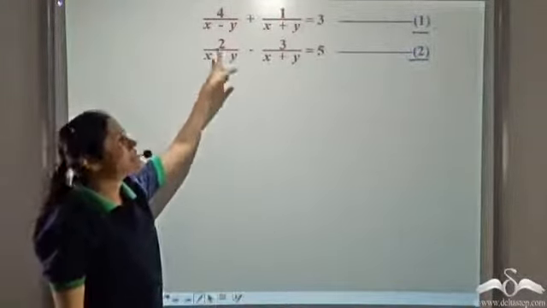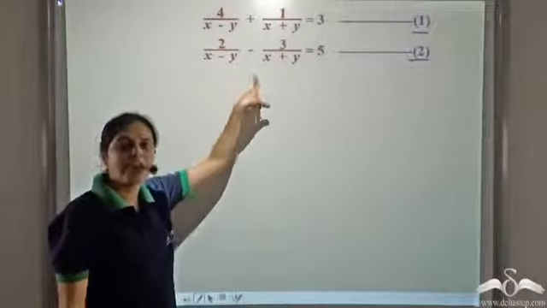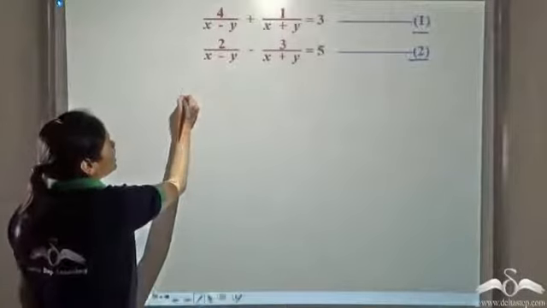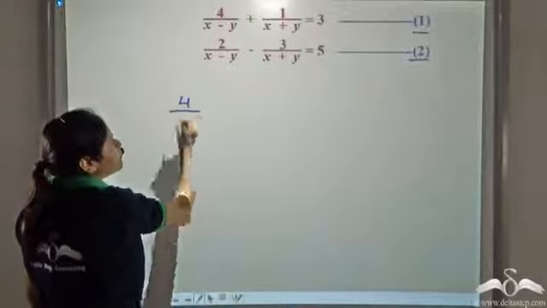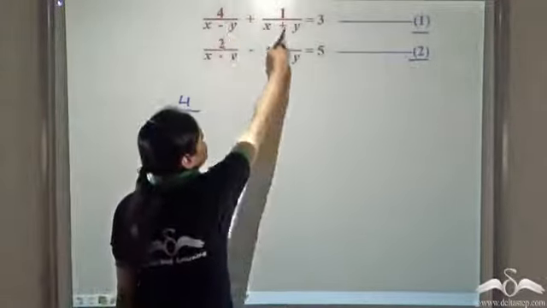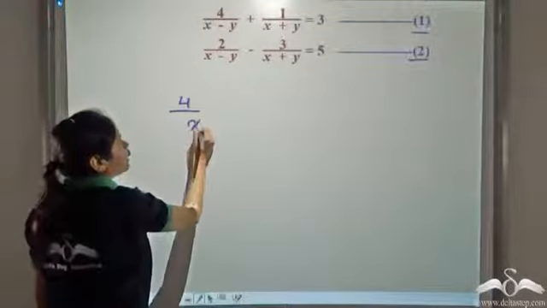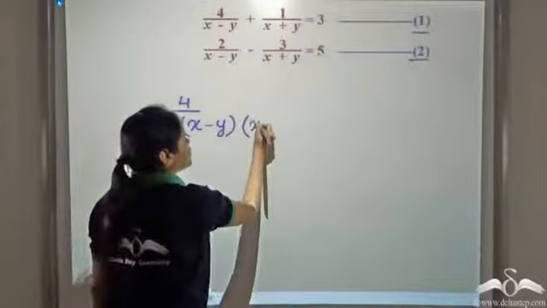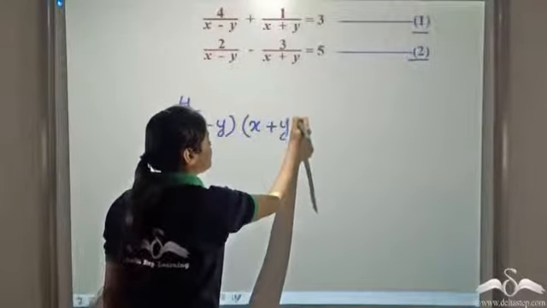Now, let us simplify these and check whether these are linear equations. The left hand side of the first equation, if we take the LCM of the denominators, we get x minus y into x plus y in the denominator.